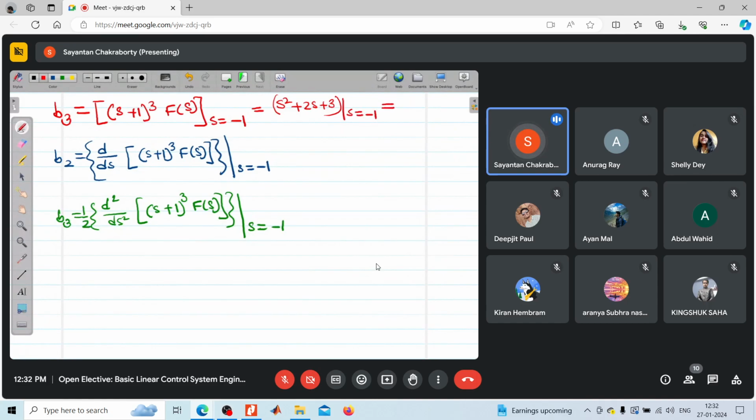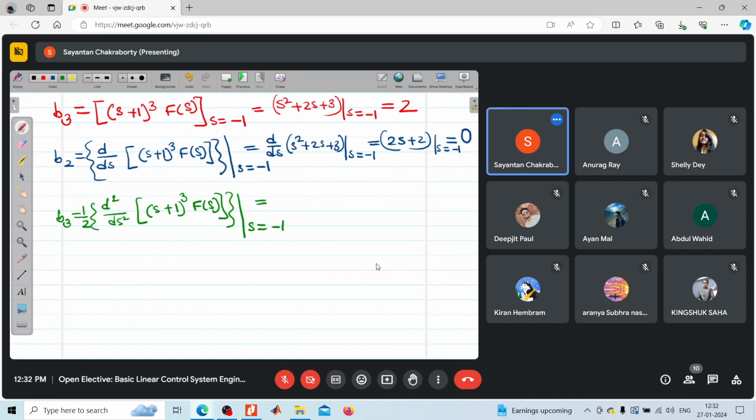This will give you a value of 2. What about b2? We have to take the differentiation of this at minus 1, that is this one, and that will be 0.